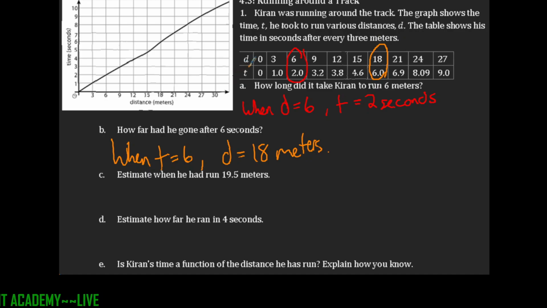So then it says estimate when he had run 19.5 meters. Well, let's find out. So our distance is 19.5, so we can say it's in between 18 and 21 meters.